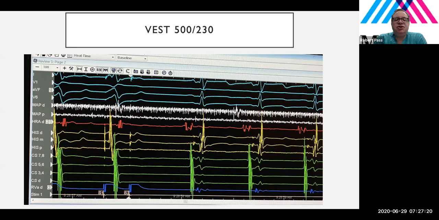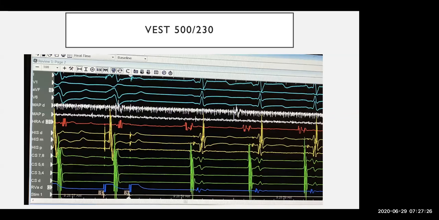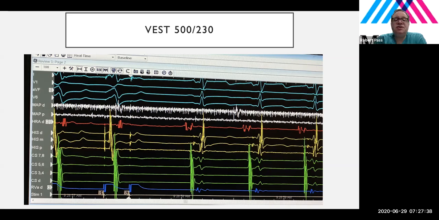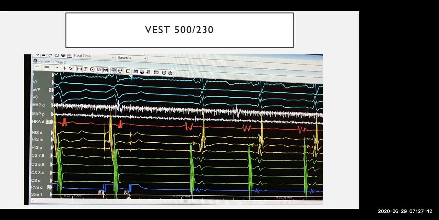So how would you show the pathway in order to map it? So you pace it, and then the closest A to H interval would be where it would. Well, what you mean is the closest VA interval is where you. Sorry, yeah, will retrograde.